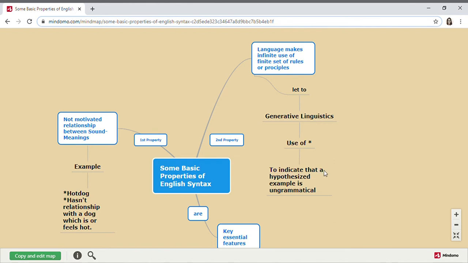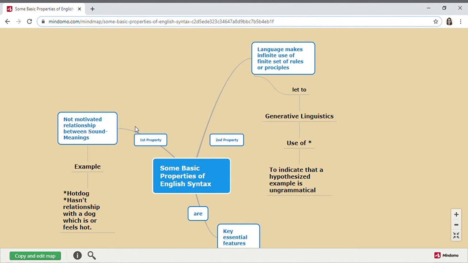So this indicates that a hypothesized example is ungrammatical, which means now that by following this finite set of rules, no matter how many ways you could use it, because of the so-called generative linguistics, we are guided when to say that, oh, my construction of the sentence is grammatically correct, and when to detect the grammatical errors in your sentences.